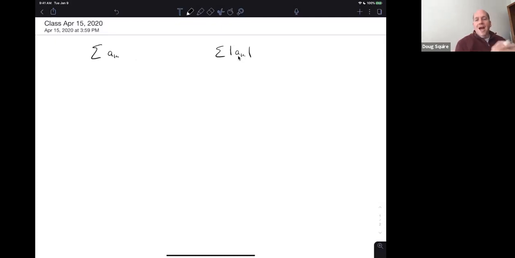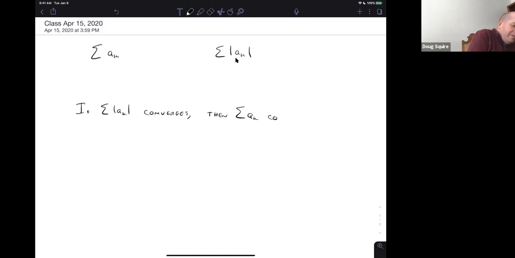All right, the idea, though, is that when you go from the original series to the absolute value, if it's possible that it stays exactly the same, it's also possible that it gets bigger. So if we think that through, there's more to the proof, but the idea is that if the sum of the absolute value of AK converges, then the sum of AK has to converge.